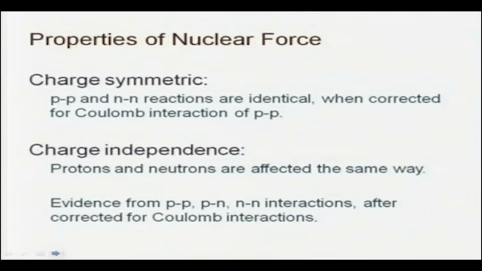Another property is that it is charge symmetric. By that we mean, if I take proton and neutron, these are the two different nucleons that we know of, and that they are there in the nucleus, and they are both influenced by the strong interactions. Now, we can ask the question: if proton and neutron are different, how do they see this nuclear force? Is there any difference between the strong force which a proton and proton see together and which a neutron and neutron see together?